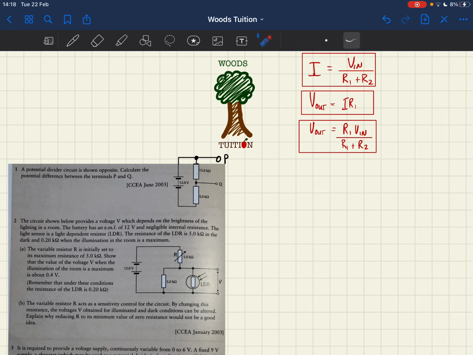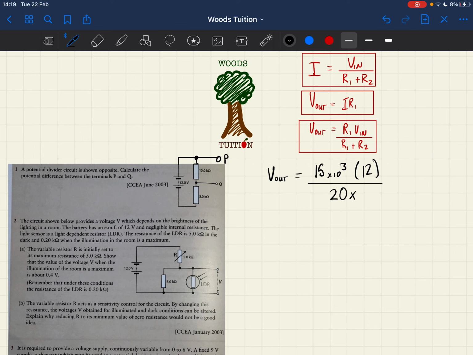So I'm just going to jump right in and start answering some of these questions. We've got to find the potential difference between terminals P and Q. So that's going to be V out, and that is equal to R1, which is 15 kilo ohms. So we've got 15 times 10 to the 3, times the voltage coming in, which is 12, over the sum of our two resistors.